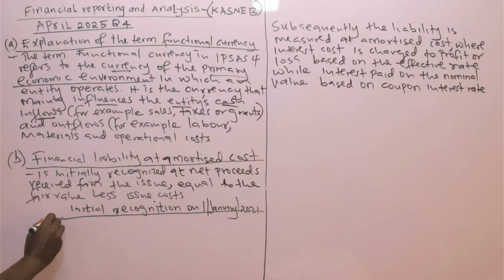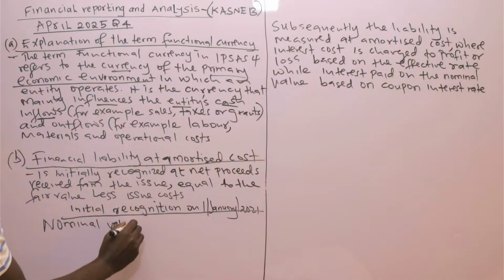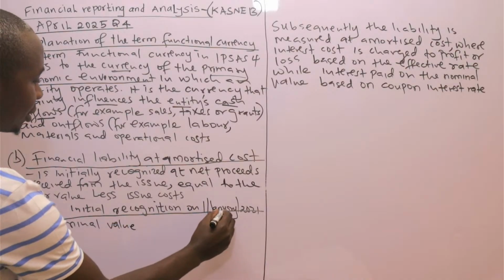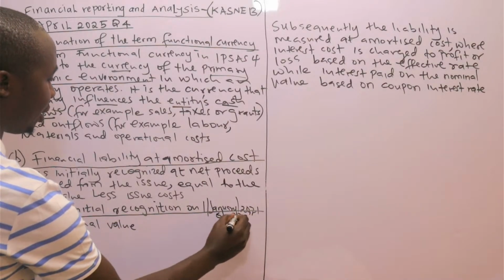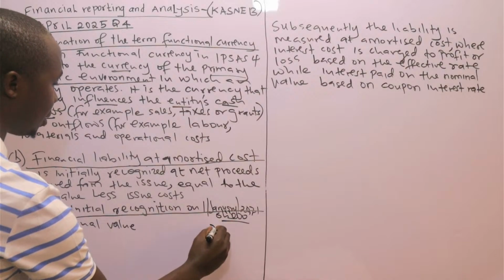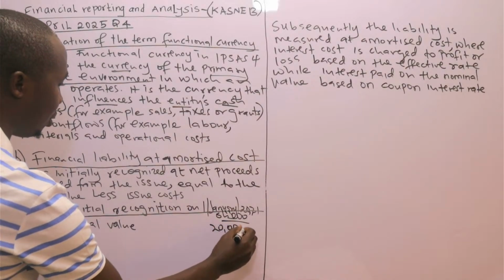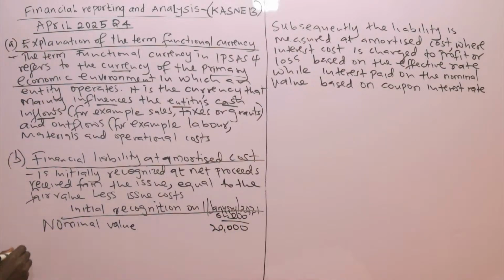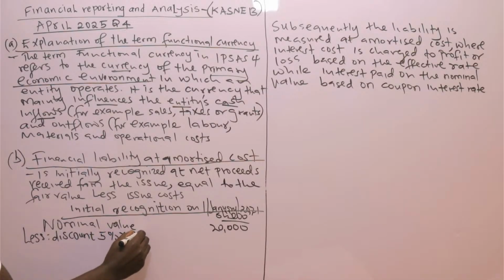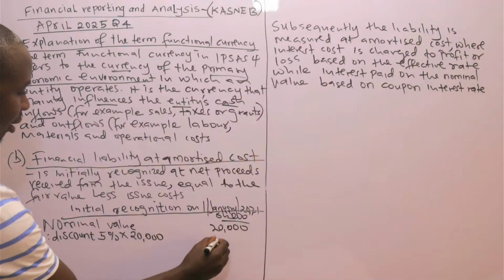The nominal value. Remember they said we round off to 1,000, so the nominal value is 20,000. Remember that it was issued at a discount of 5%. 5% of 20,000 is 1,000.